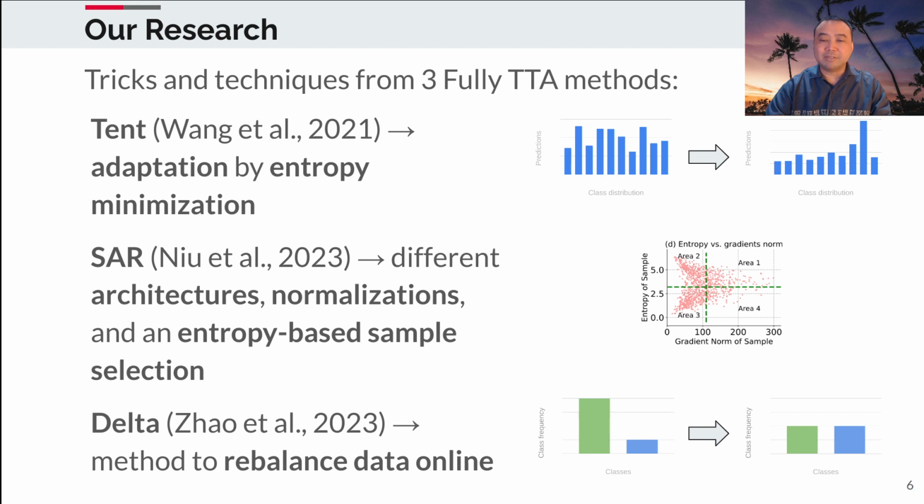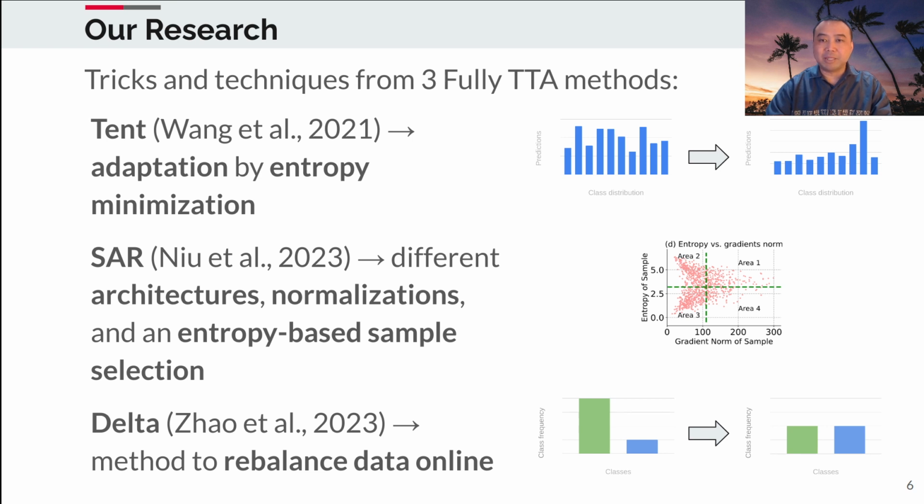We are gonna investigate tricks and techniques from 3 state-of-the-art fully test-time adaptation papers. The first paper, Tent, is a seminal work in fully test-time adaptation. In this paper, authors propose an adaptation method based on entropy minimization.